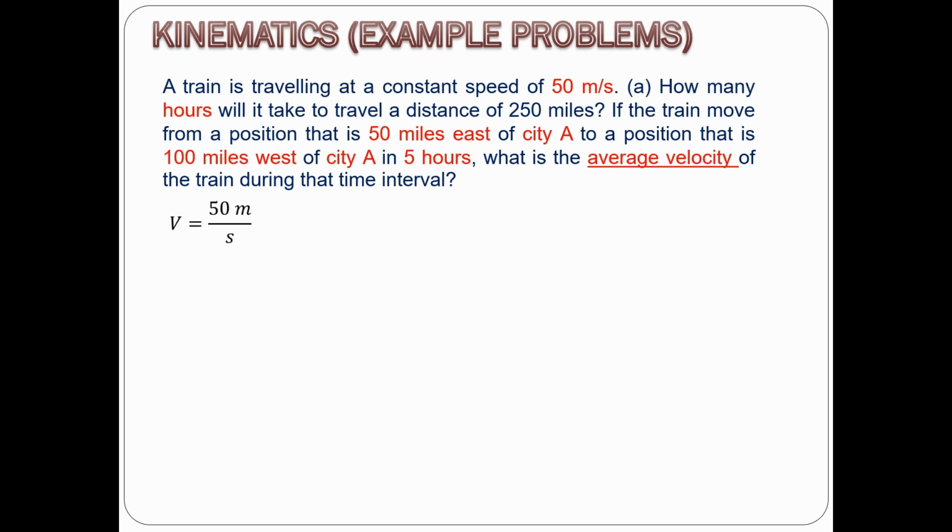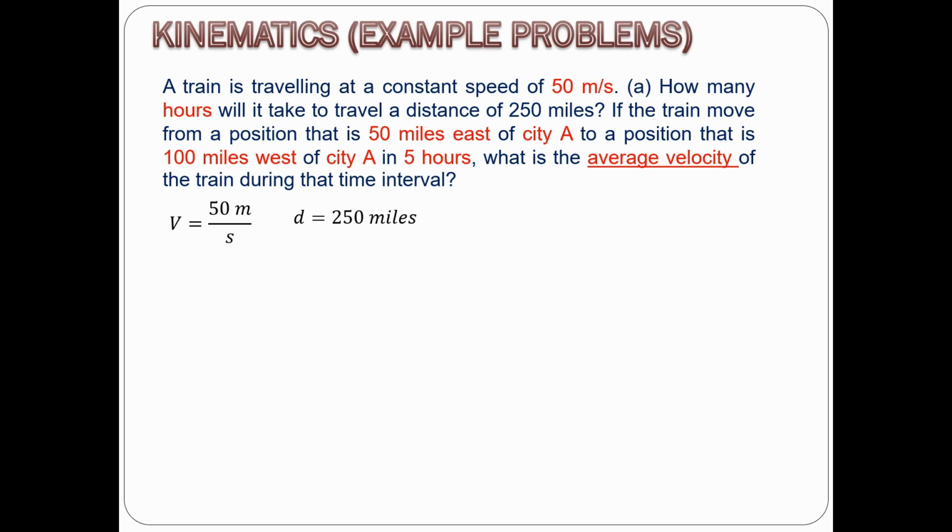So velocity is given as 50 meters per second and d is equal to 250 miles. Now, we are looking for time in hours, but the given unit of velocity is in meters per second. So we need to first convert meters to miles and seconds to hours.